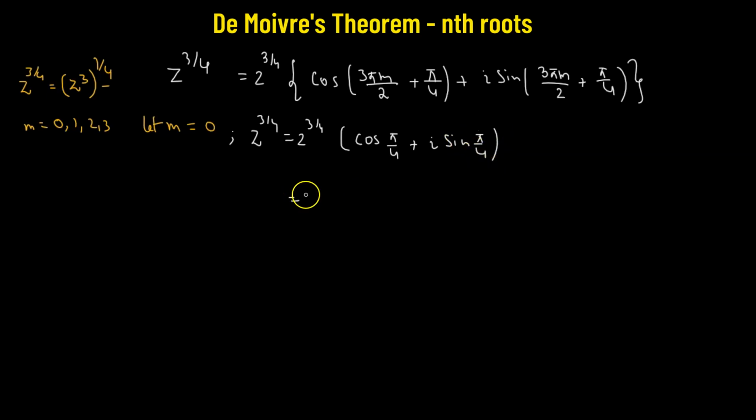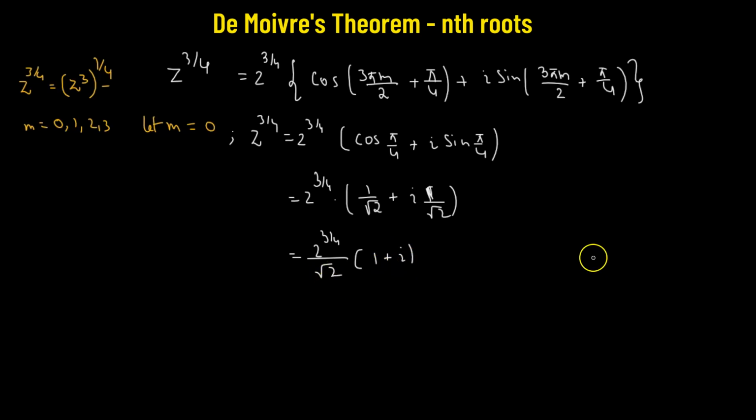So that means we now have 2 raised to the power of 3 over 4 multiplied to cosine of pi over 4, that's 1 over square root of 2, plus iota times sine of pi over 4, that's also 1 over square root of 2. So we have 2 raised to the power of 3 over 4 divided by square root of 2, all multiplied to 1 plus iota.